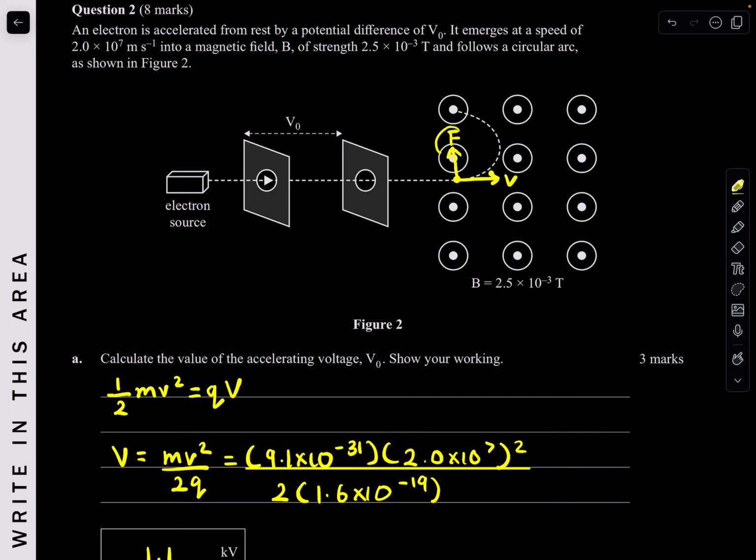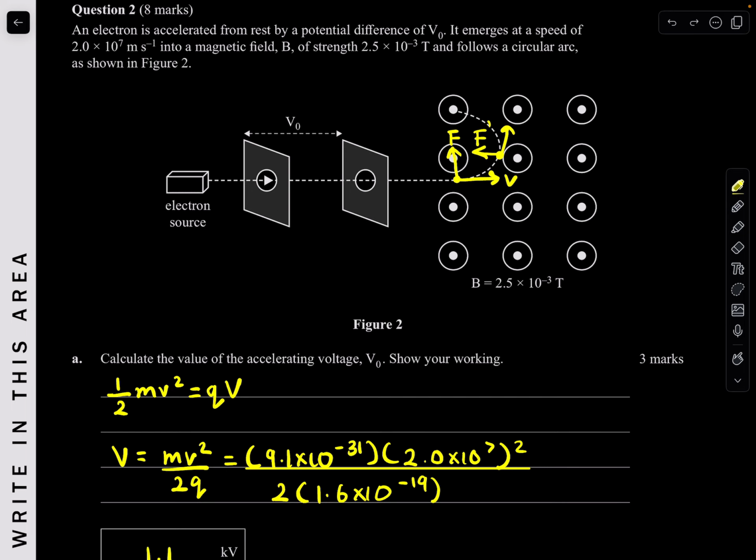So if the force is pushing a little bit upwards, the electron will go here. But remember, the force will now be here, and the velocity is going to go here. So it just curves in a nice uniform circle. If the whole thing was in a magnetic field, it would just beautifully trace a nice circle.